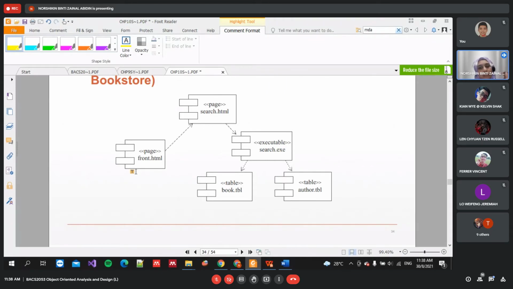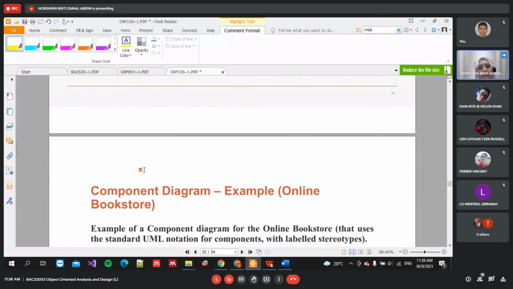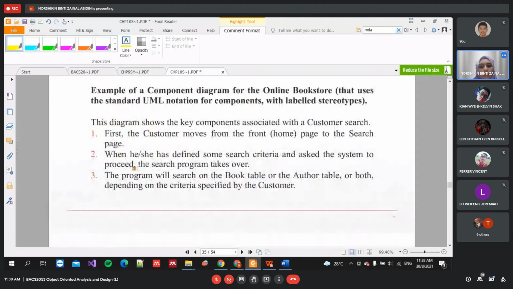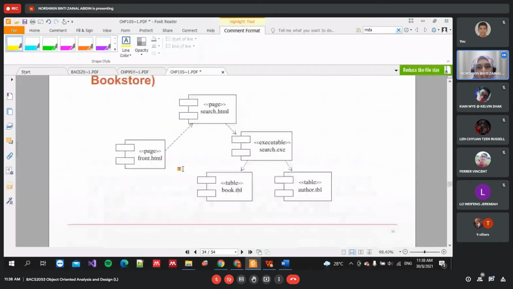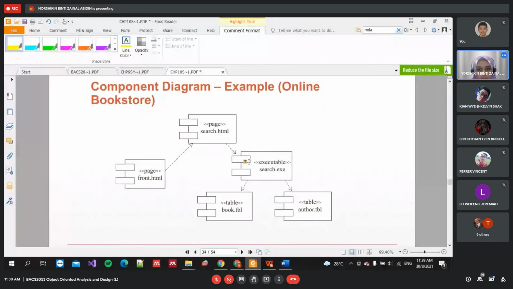It is the page that, when we go to the landing page, is the first interface, the first page. So that is the front home page to the search page. When he or she defines some search criteria and asks the system to proceed, the search program will take over.